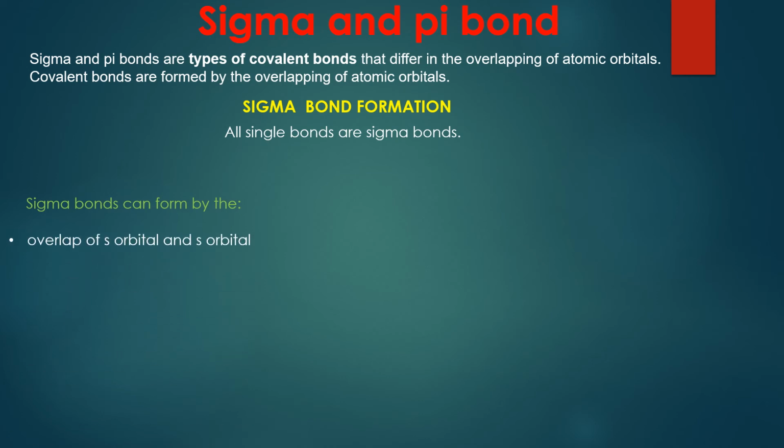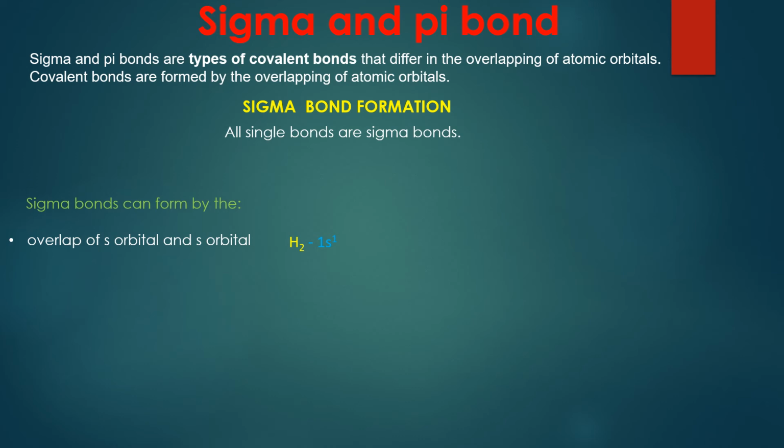The first method by which a sigma bond is formed is when two s orbitals overlap each other. Let's say for example in the hydrogen molecule. In a hydrogen molecule, there are two hydrogen atoms which are sharing the electrons. The configuration of hydrogen is 1s1.